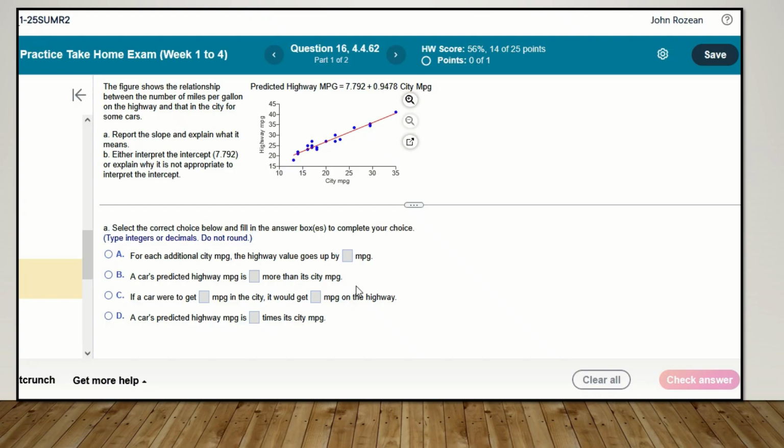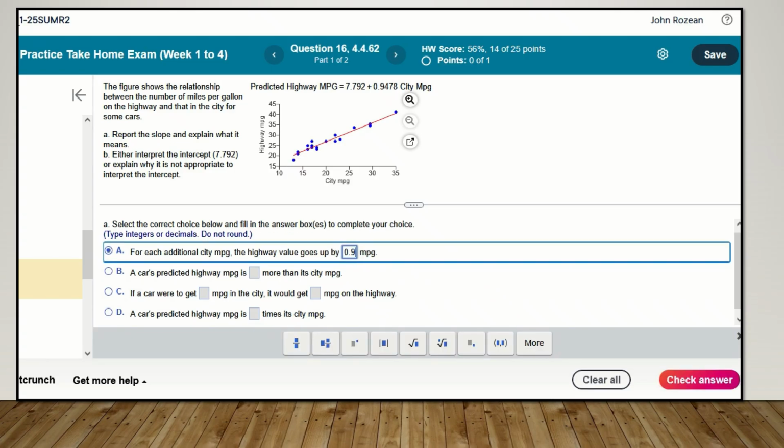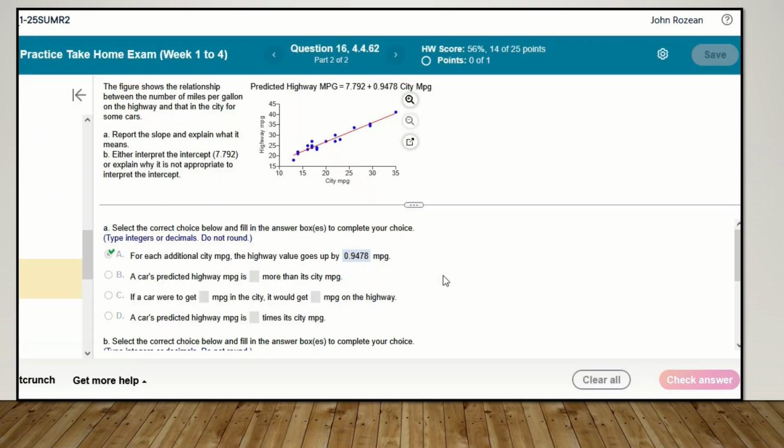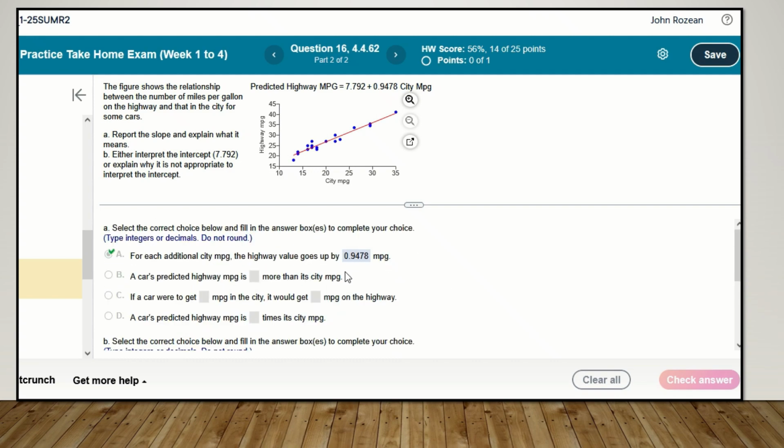That makes sense here because we're really thinking about 0.9478. It goes up by that much times the city mileage. Just think of that as what's being multiplied by the city mileage. That's one way to interpret that. A lot of these others are getting weird, but they're definitely distractors, and they throw in the additional chaos.